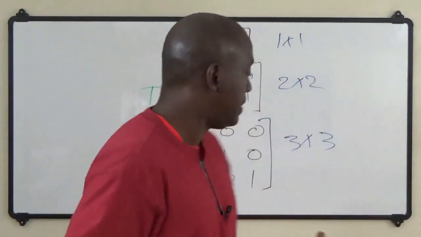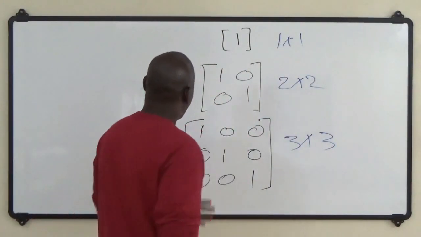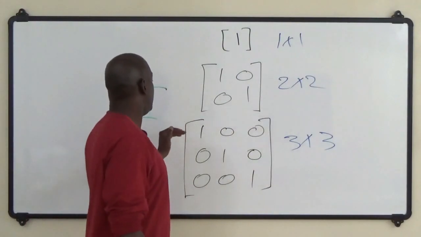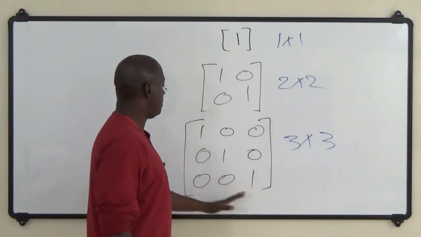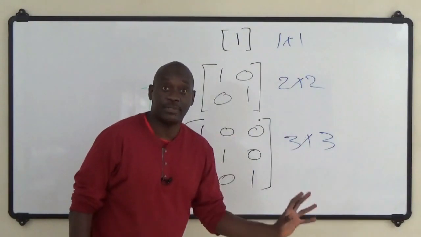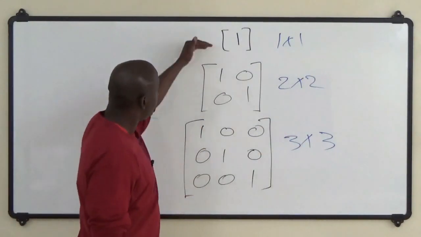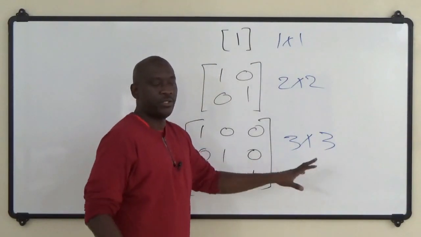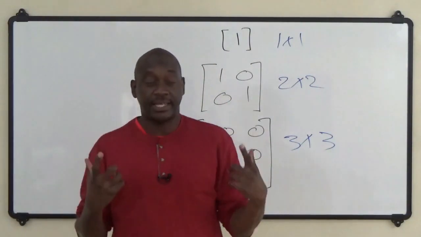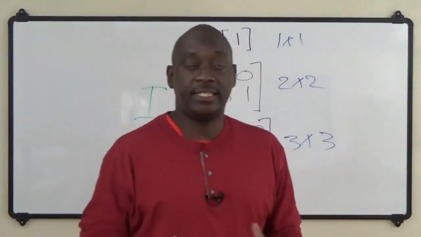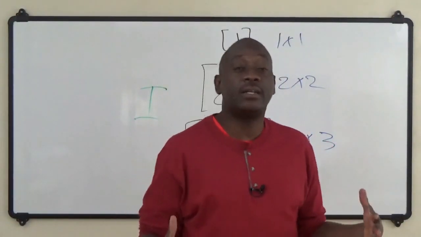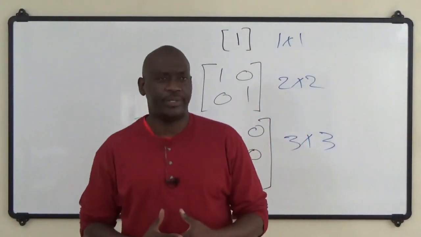And of course, the identity matrix for a 4 by 4 will be just the extension of this, 1, 0, 0, 0, 0, 1, 0, 0, 0, and so on, going down the same story. So again, once you establish the pattern, 1 by 1, 2 by 2, 3 by 3, you immediately have a very clear picture in your mind of what the identity matrix of rank 4 or 5 or 6 or any other number that you care to choose would be.